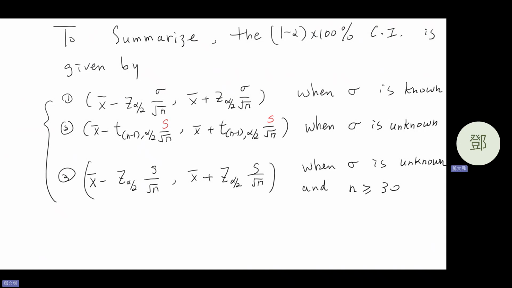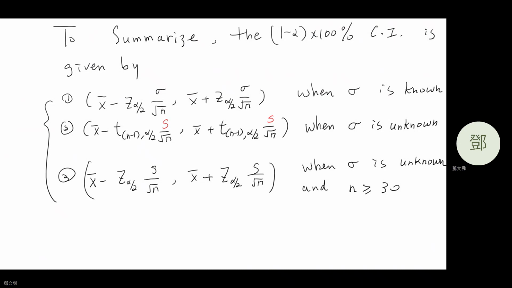So we now have three formulas. You see that? Number one is the formula for the case that sigma is known.